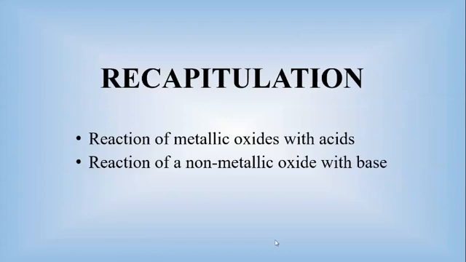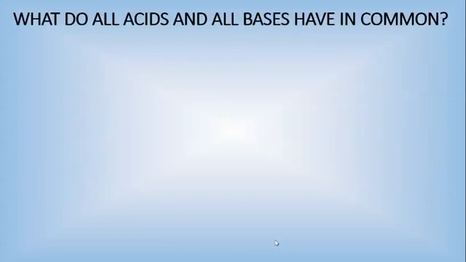We saw how metallic oxides, such as copper oxide or zinc oxide, which contain a metal, react with acids. Then the non-metallic oxides, which are oxides of non-metals, react with the base. That part we learned in our previous class. Today we'll be discussing the next part: what do all acids and all bases have in common?